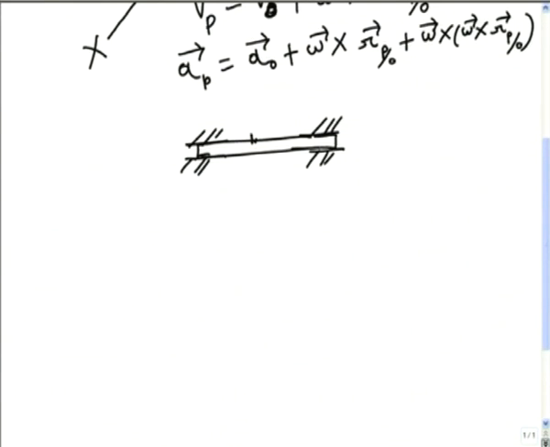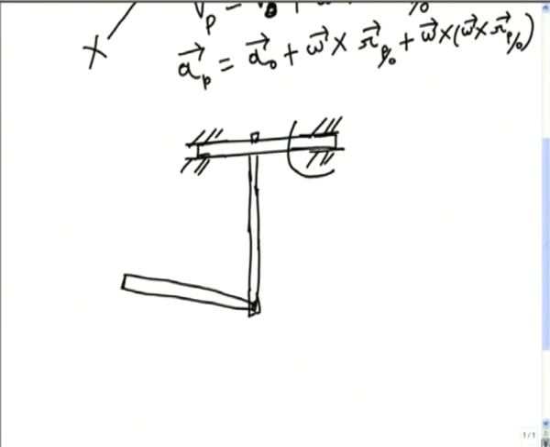Suppose this axis is just supported, and then on this you have attached one link like this, and here by a pin joint another link is there, and it is rotating with omega 1, and let us say this axis is x, y, z.